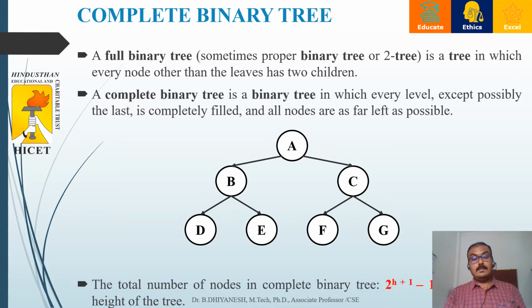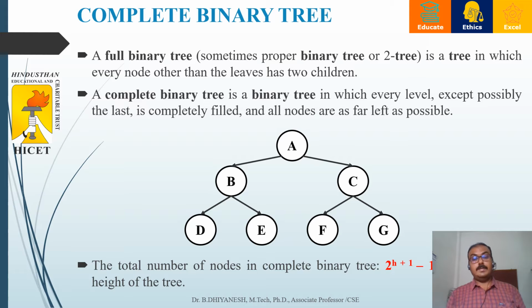And there is another advantage of this complete binary tree. We can find how many nodes are in the complete binary tree. The formula is 2 power h plus 1 minus 1, where h is the height of the tree. Here we need to start the height from 0. So 0, 1 and 2.